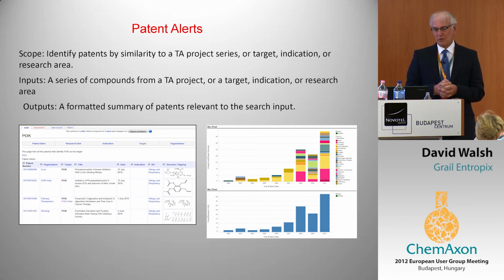And there's the work which I spent a lot of my time doing, which was the identification of patents on a weekly basis and defining what their biological activities were.